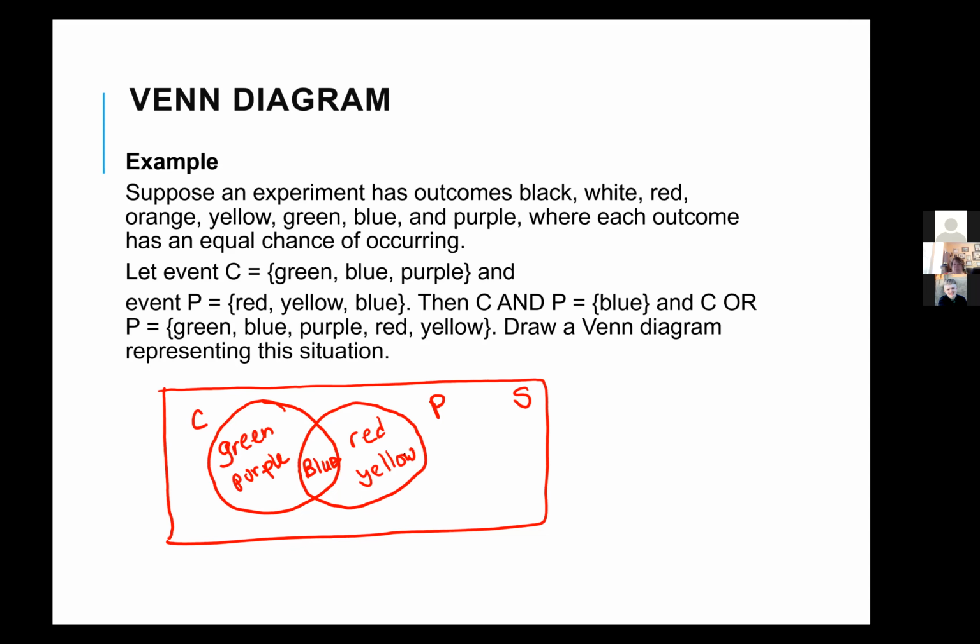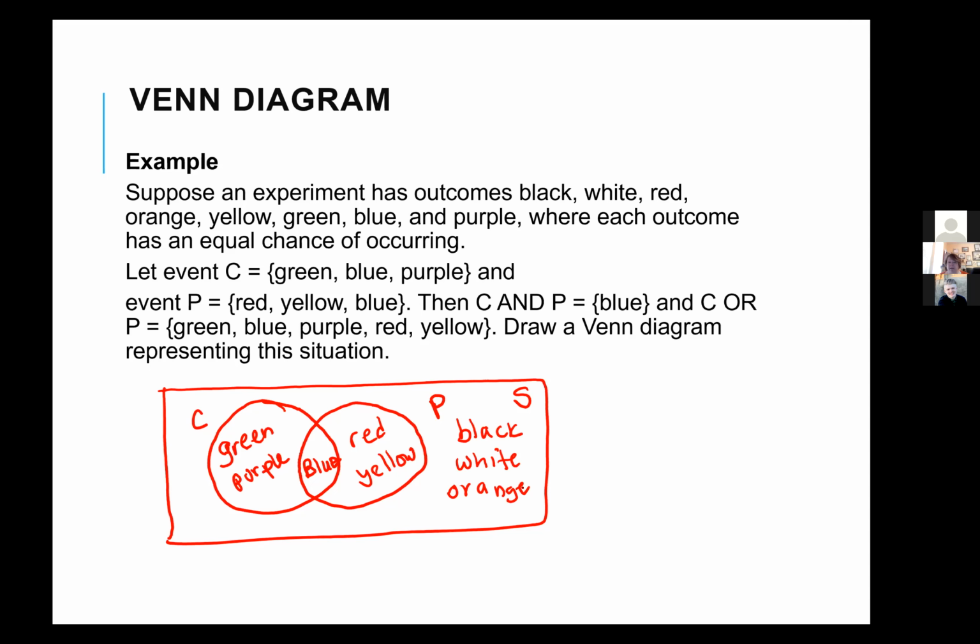And what's in the sample space that's not in C or P? What do we have? We have black, which is not in C or P. White is not in C or P. Red is. Orange is not in either one of those. So we need to list orange out here in the sample space. Yellow is in P. Green is in C. Blue is in both.